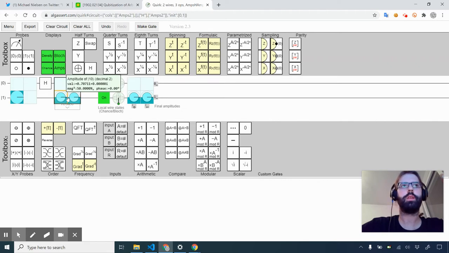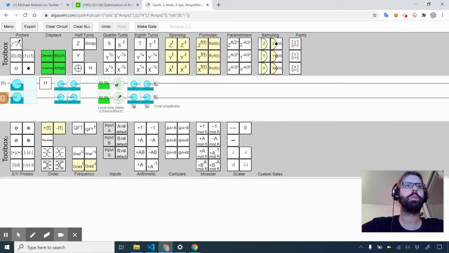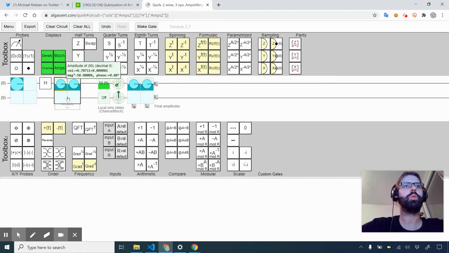There are no amplitudes in the 0 portion of the whole system. Whereas if it's a 0, it stays here. Okay, cool. So let's put it this way: this wire is encoded into what half of the system we're going to be using, and this wire is encoded into the relative phases of that half.